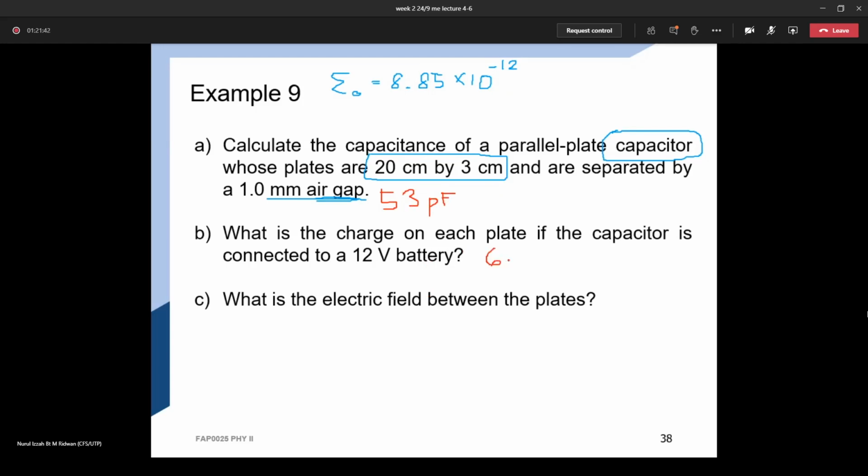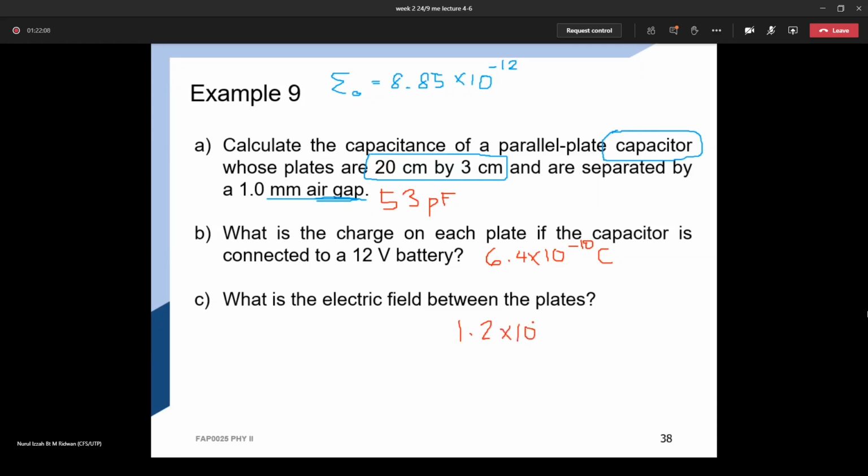6.4 times 10 to the power of negative 10 C. Charge. Okay, done. What is the electric field between the plates? Okay, this is the answer, 10 to the power of 4.